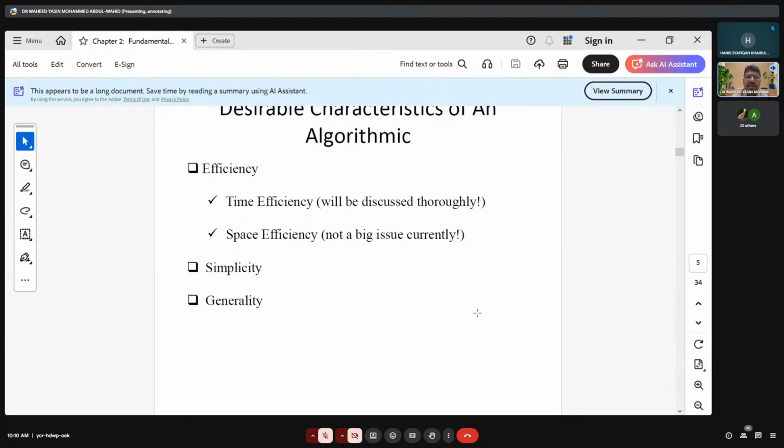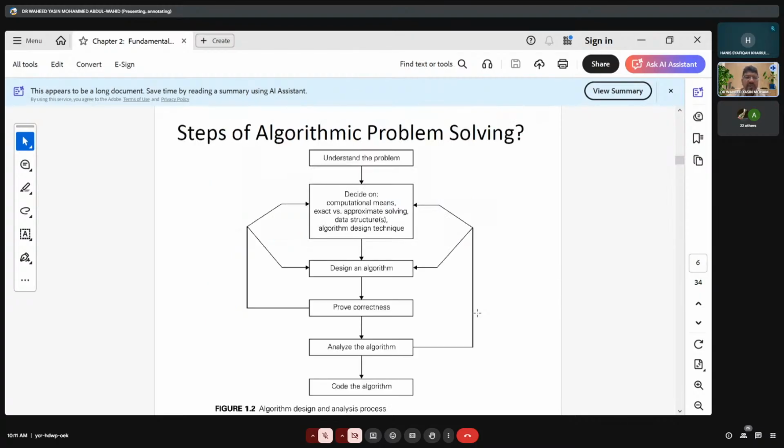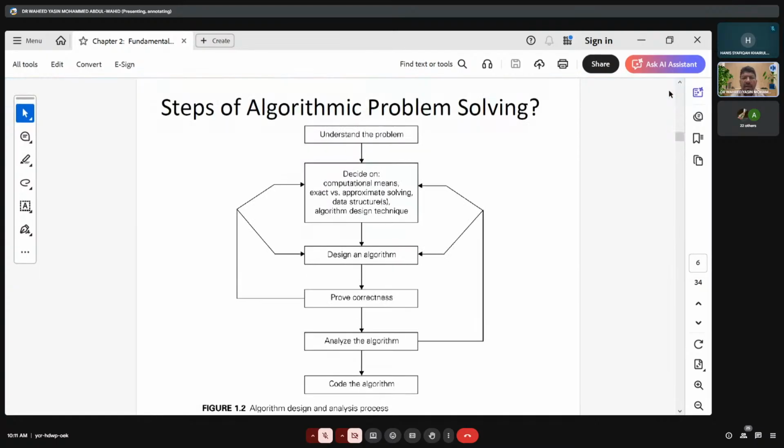Here are the characteristics of an algorithm. We study the efficiency of the algorithm, time efficiency and space efficiency, and also simplicity, generality, and correctness. The steps of algorithm problem solving: we understand the problem, then decide on computational means, exact versus approximate solving, data structure, and algorithm design technique.